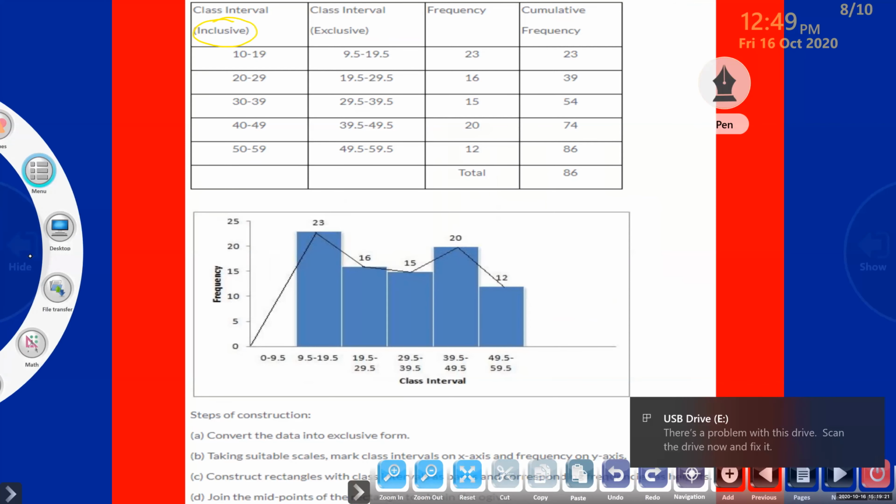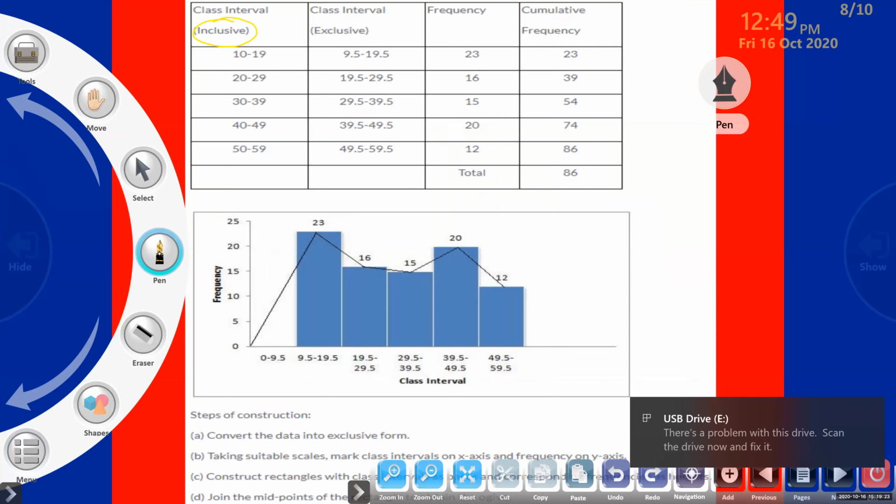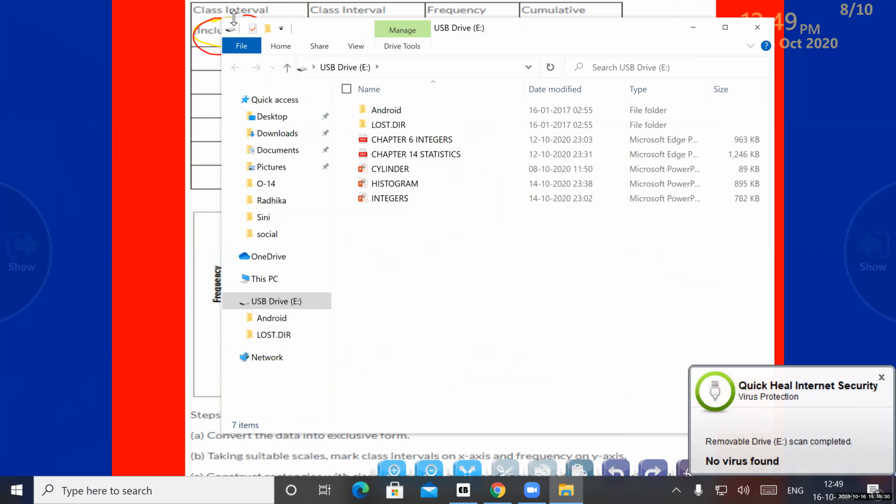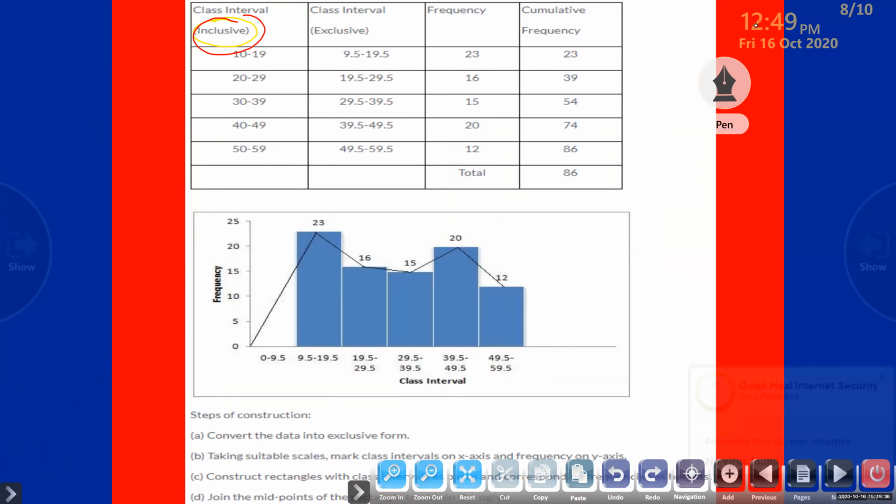Inclusive means it is not continuous. Did you understand, children? What is the meaning of inclusive? Non-continuous. Okay. And we made it continuous.